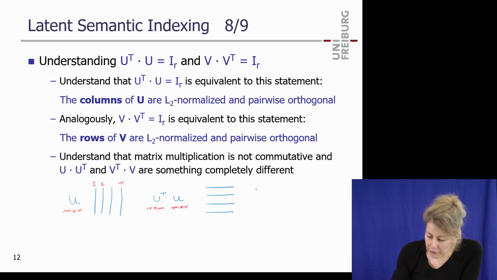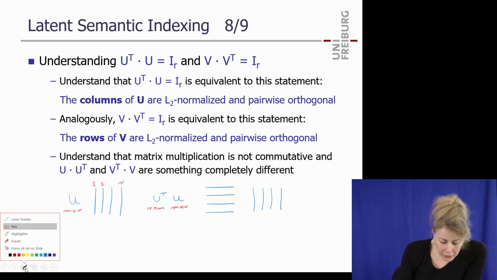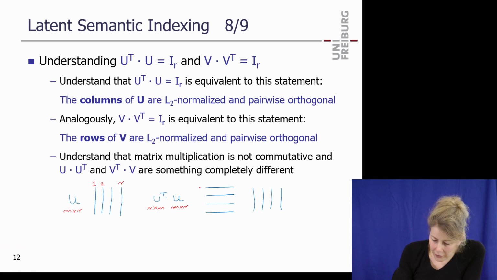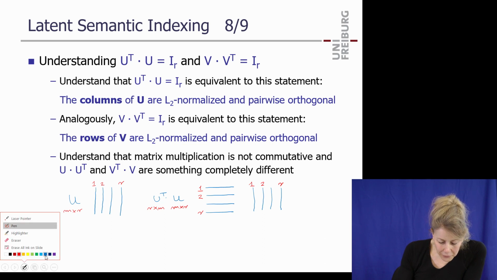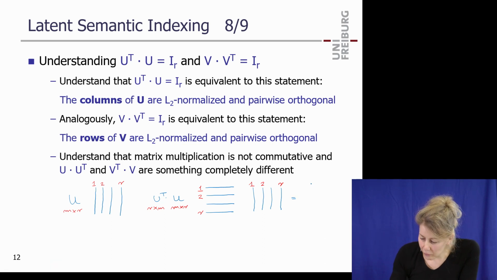Then I have U again, and I multiply it with U, with columns 1, 2, up to R. And this is now the identity matrix. So everything off the diagonal is 0.